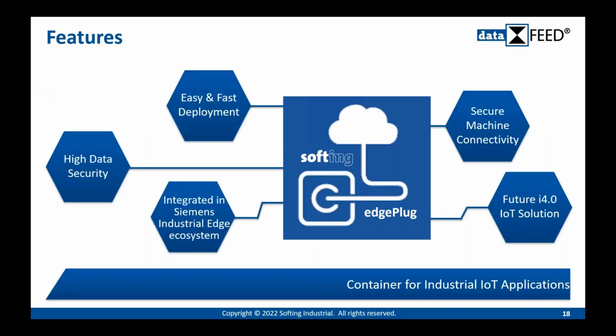So the main idea of the solution, like Jan more or less explained, is that we have a smooth solution for the user to deploy these edge devices, and this provides a solution that is efficient for the plant and for the connectivity to the machines. And of course, the main advantage of our solution is that it is completely integrated in the Siemens Industrial Edge ecosystem.